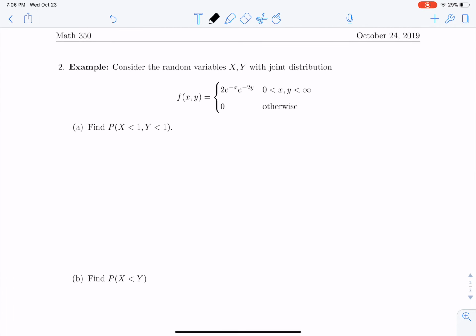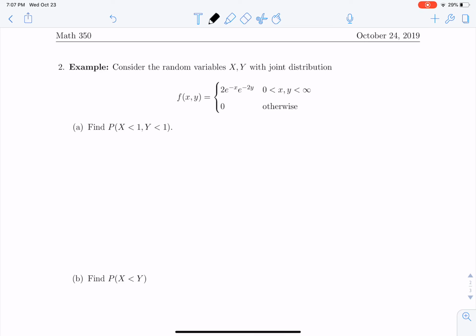So let's do another example of another joint distribution. So x and y are going to have the joint density f of xy equals 2e to the minus x, e to the minus 2y, for x and y between 0 and infinity, and 0 otherwise. We want to find the probability that x is less than 1 and y is less than 1.